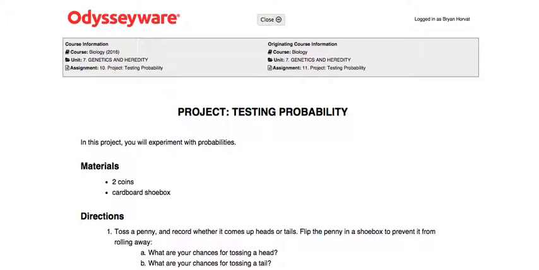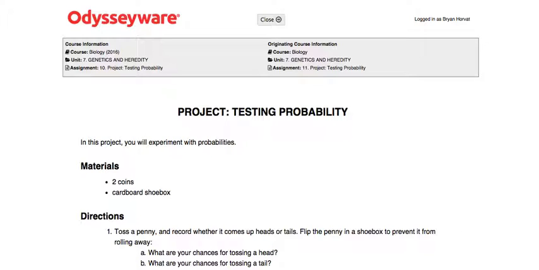What you're going to be doing is looking at some statistical analysis for tossing a coin in the air. Before we do that, remember what your lesson talks about: when you're talking about probability, you're talking about the randomness of events actually occurring.